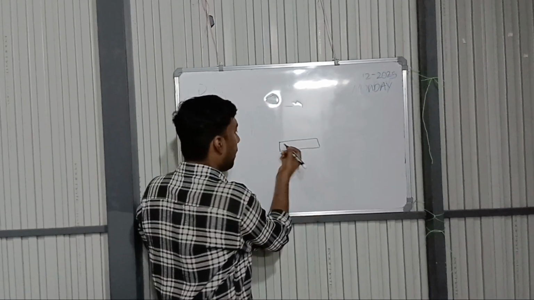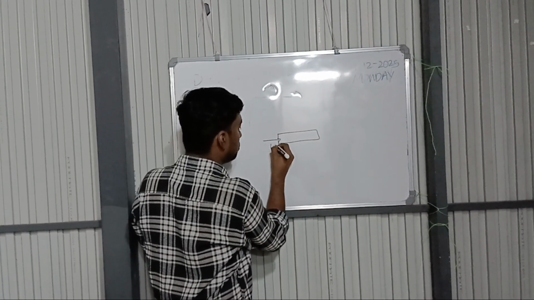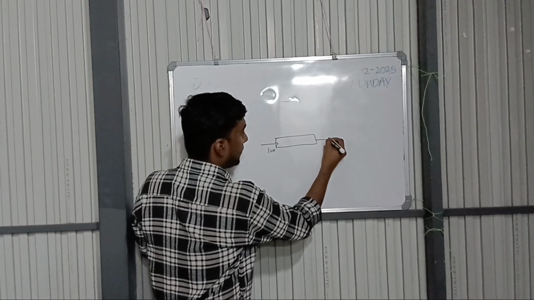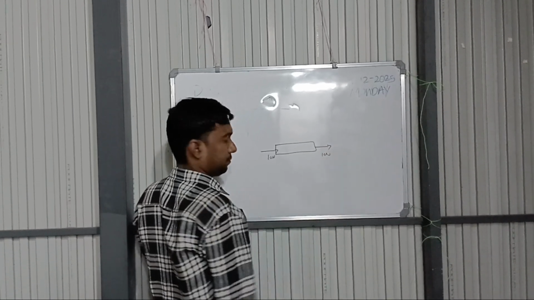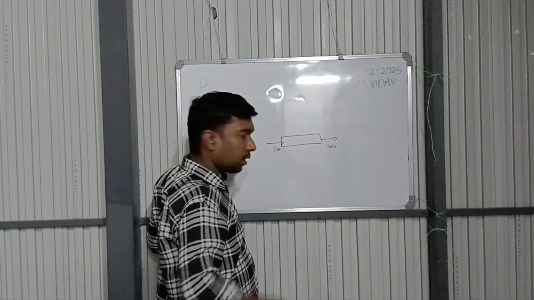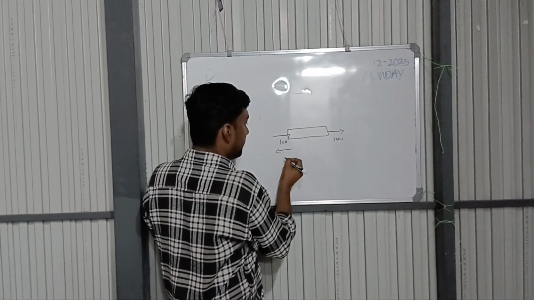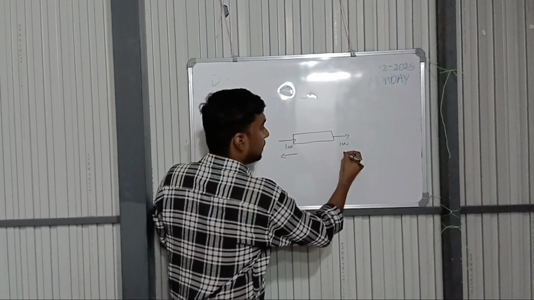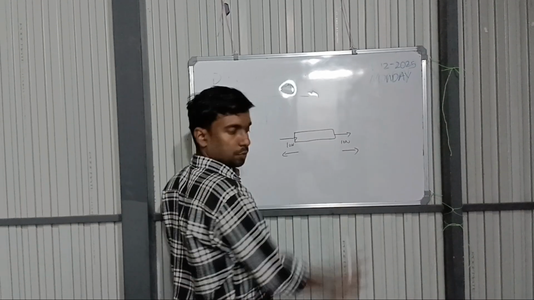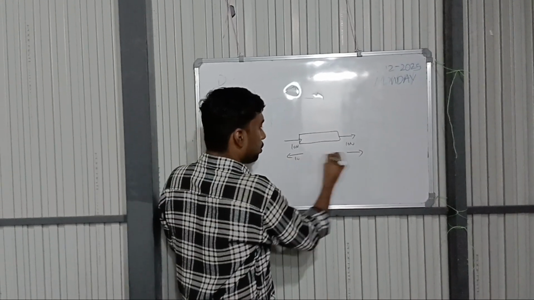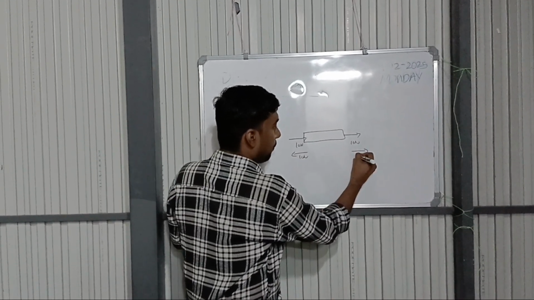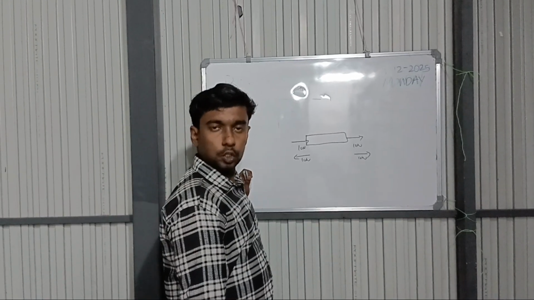I am applying a force of 10 Newton in this direction and 10 Newton in another direction. The same force I am applying in this one, in this direction for this point. So I am asking you, for both conditions, what is the total force?